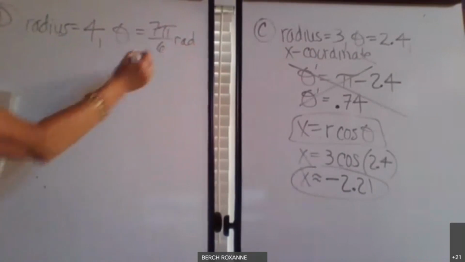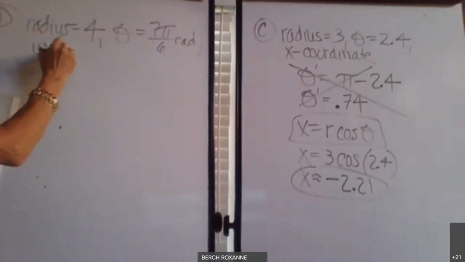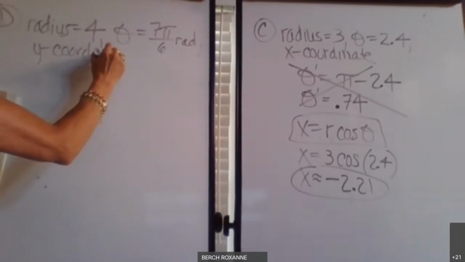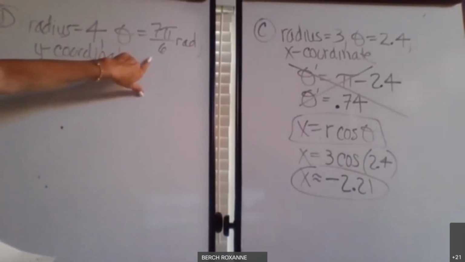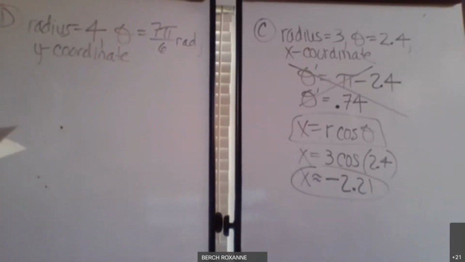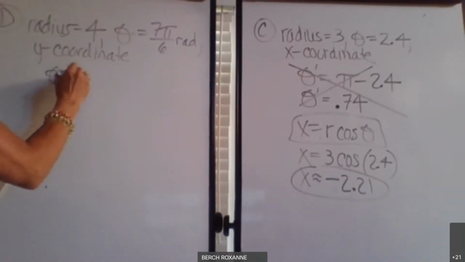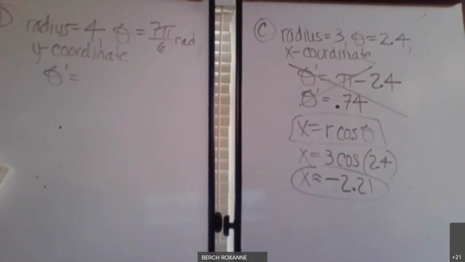And they want us to find the y coordinate of the point that's associated to that angle with the radius of 4. And so we're going to find the reference angle. So if we draw a little picture, we know that this is 6 pi over 6. So we know 7 pi over 6 is down here, right? But the closest horizontal is 6 pi over 6.